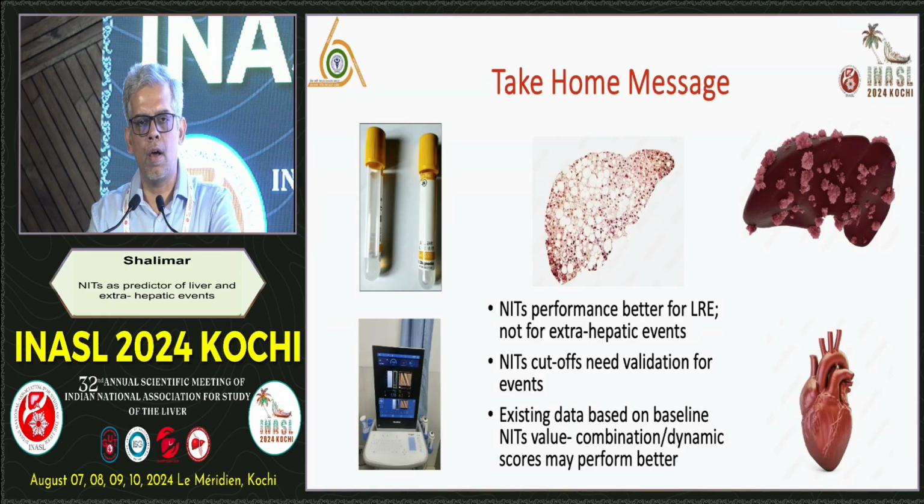We know that now drugs are available and parameters do change dynamically. It's possible that these NITs, when used in combination or when used in dynamic scores, may perform better for predicting outcomes, and we need more data in terms of how these NITs perform for extrahepatic events in patients with liver disease.